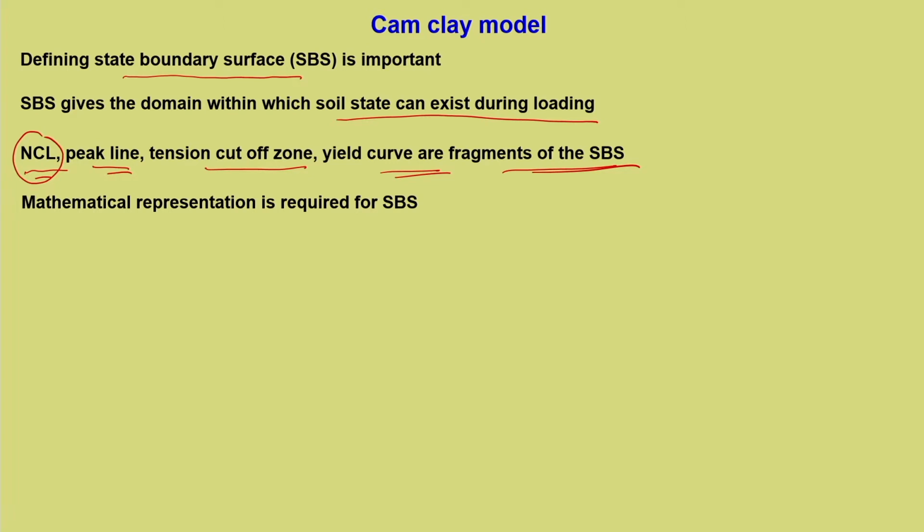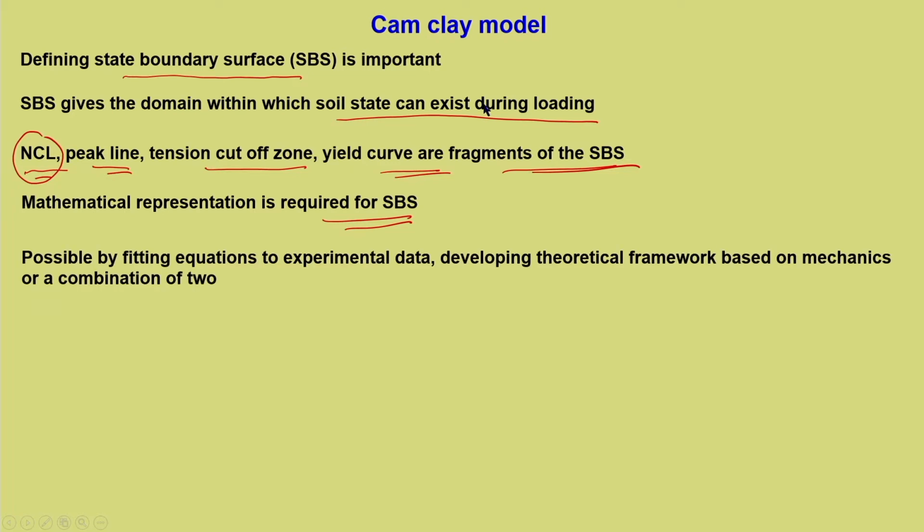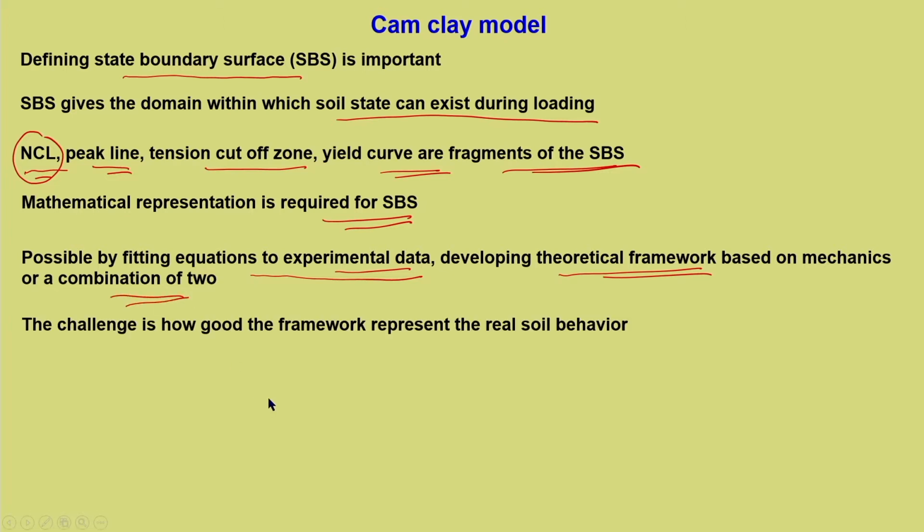Mathematical representation is needed for SBS, then only it will be useful for engineers. This is possible. Now, what is possible? Mathematical representation is possible by fitting equations to experimental data, developing a purely theoretical framework based on mechanics, or a combination of the two. Now, the biggest challenge is how well the framework represents the real soil behavior.